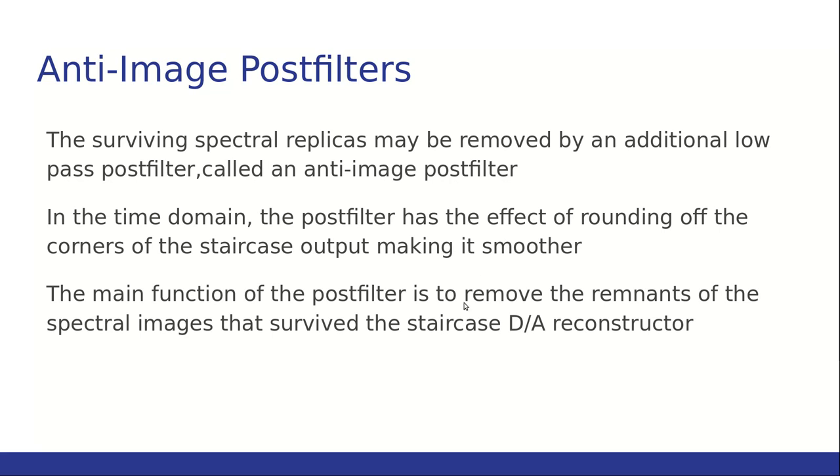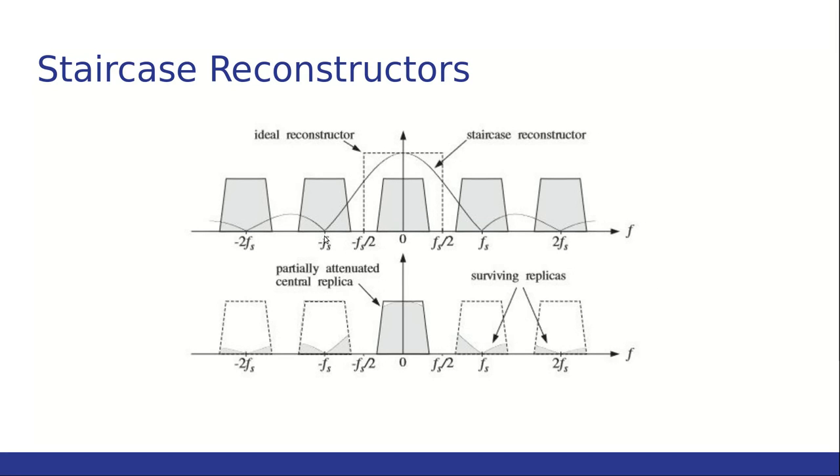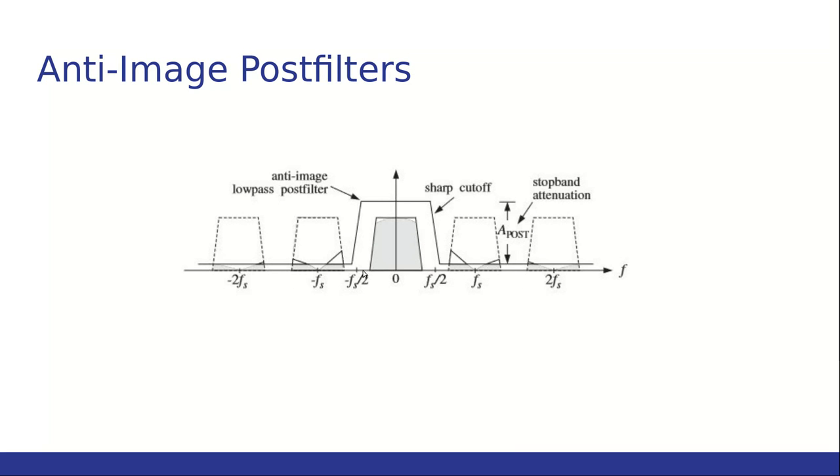The main function of the post filter is to remove the remnants or spectral images that survived the staircase DA reconstructor. So this here is the frequency response of an anti-image low pass filter. We can see this has a sharp cutoff, unlike the staircase reconstructor, which is smoother. Thus, if you see, these extra spectral images which were left have now been removed.